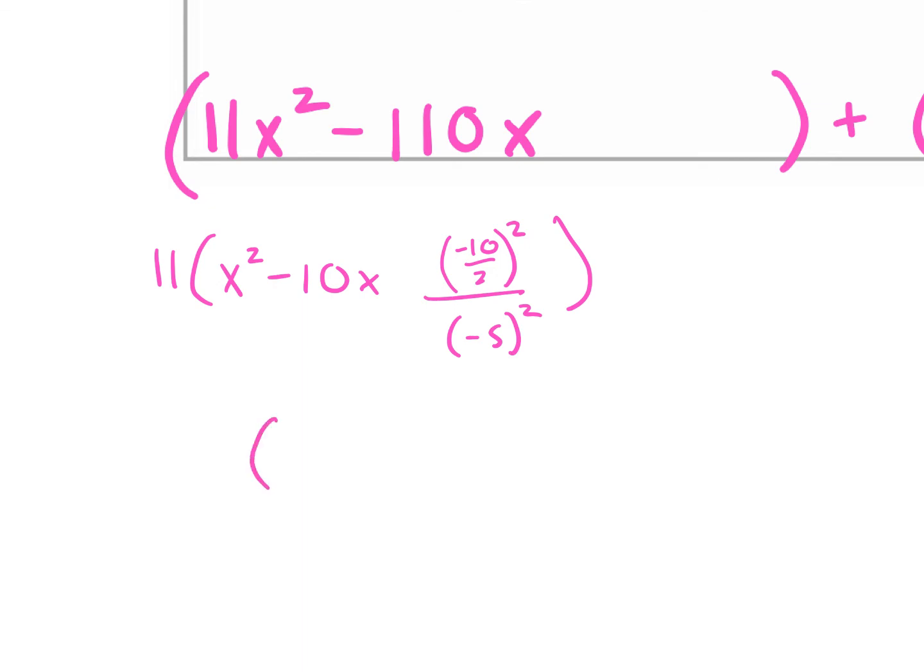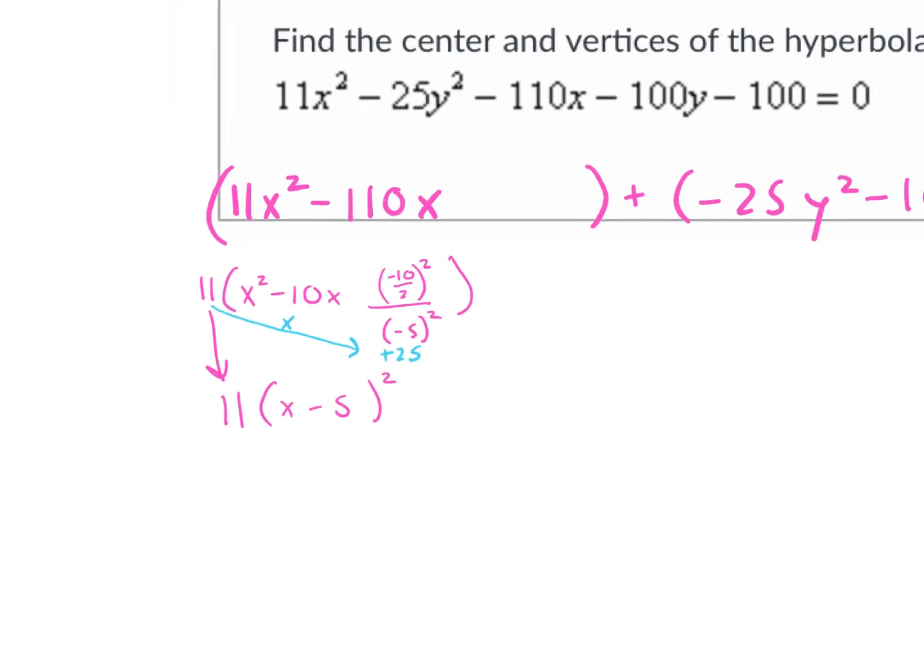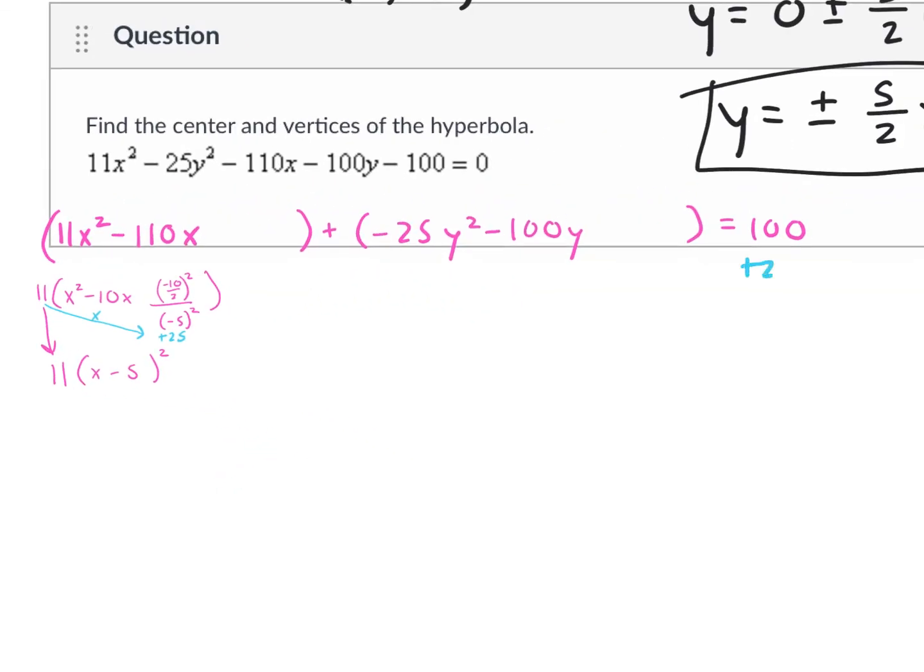So what's going to go in my parentheses down here? X minus 5. And I cannot forget about that 11 out front. And then technically I'm adding 25 in here, but it's actually 25 times 11. What's 25 times 11? 275. So I need to add 275 on the other side also.